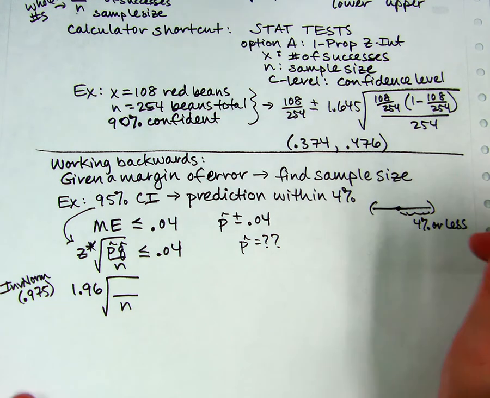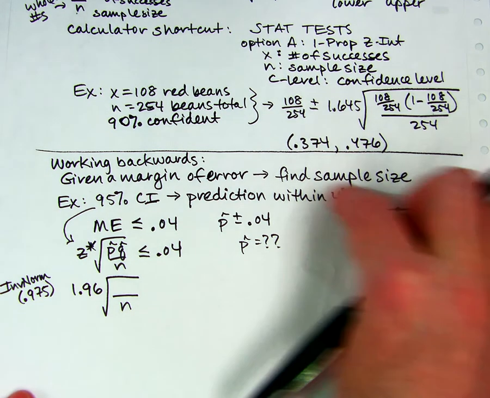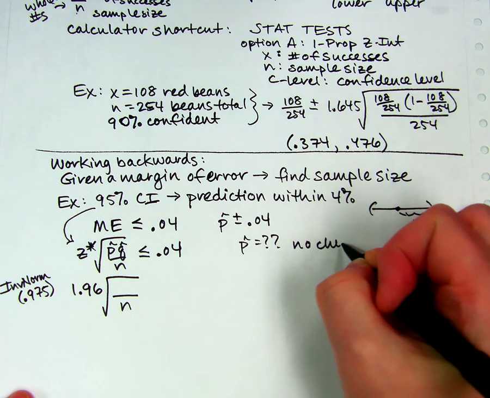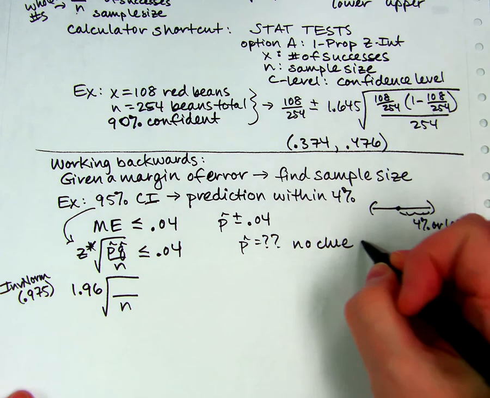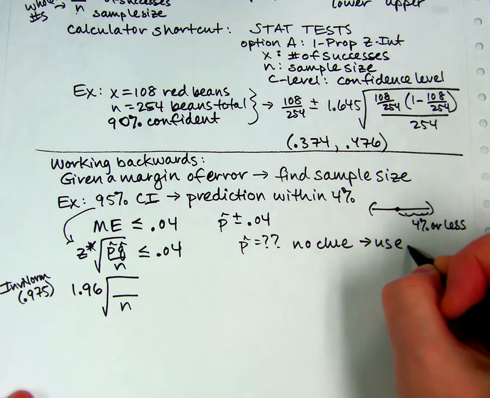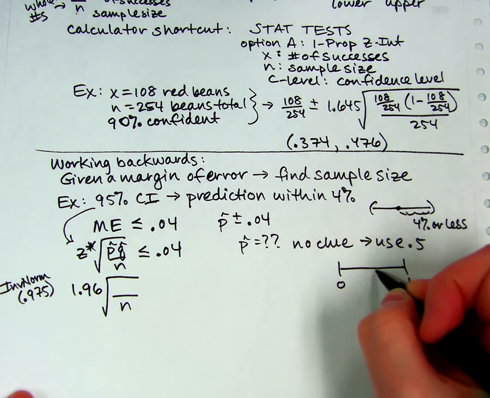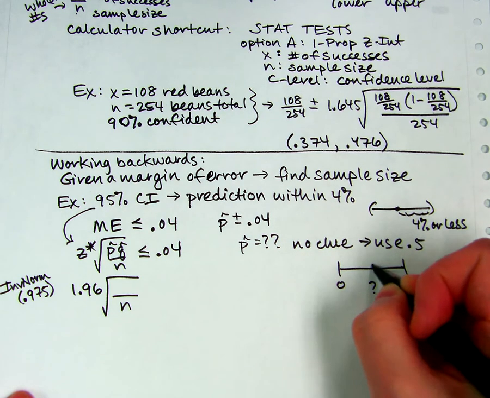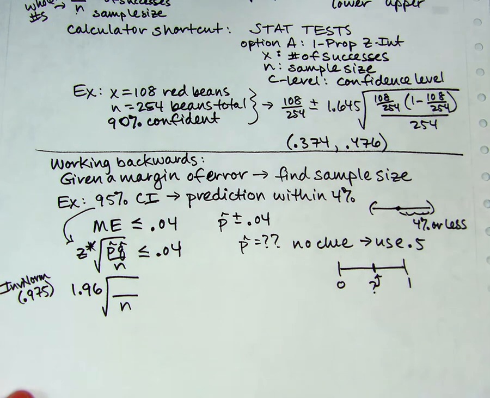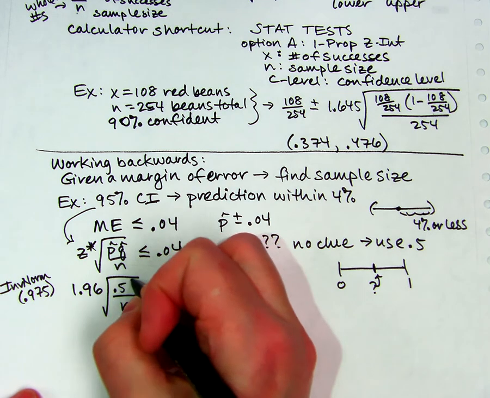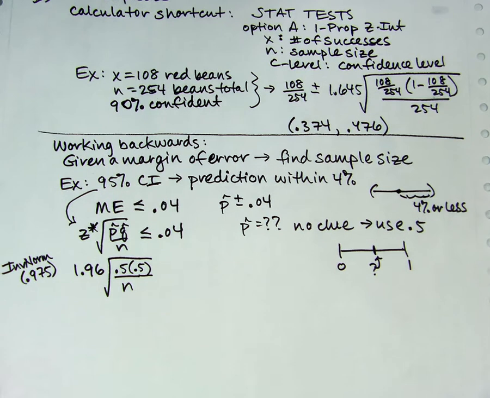With a situation like this where we have no idea, if you have no clue, you're going to use something right smack in the middle, which is 0.5, because I know that p hat is somewhere between 0 and 1, and if I have no idea where it is, I'm going to choose the one in the middle. Okay, so I'm just telling you that's the general rule. You use 0.5 only if you don't know what p hat is. Okay, so I'll use 0.5. And then if it turns out to be something different, that's not a big deal.